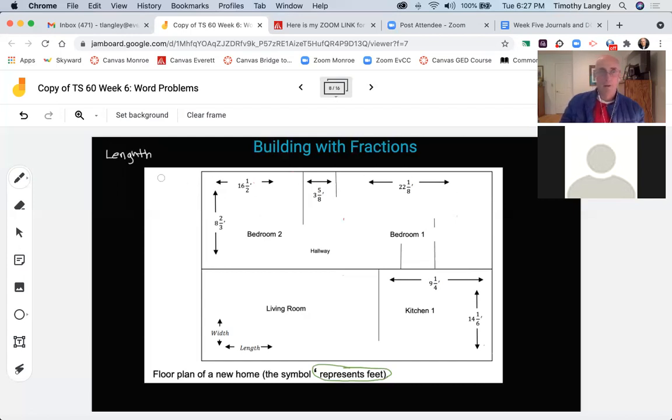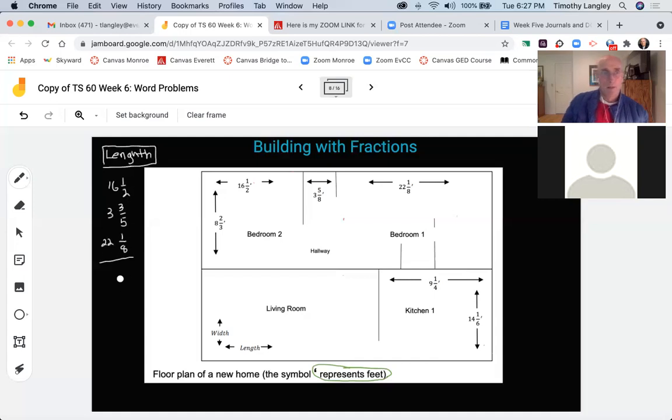There are no gaps. So I would take 16.5 plus 3 5/8 plus 22 1/8. That's going to give me the length of this house.